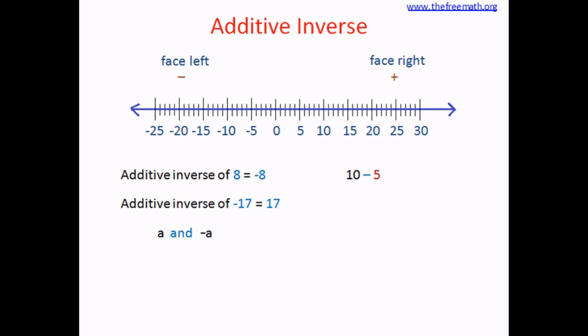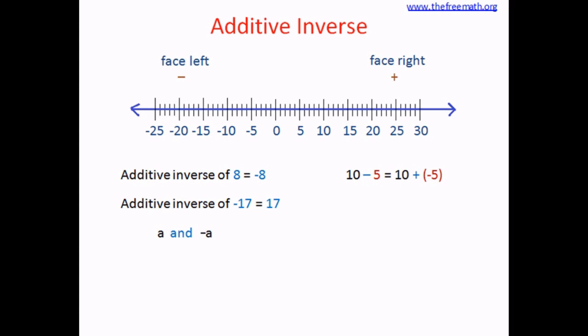Now let's consider this. Let's consider 10 minus 5. We know what 10 minus 5 is. It is 5. What we want to see here is how 10 minus 5 can be written in another way. You know opposite of negative is positive. That means opposite of subtraction is addition. So 10 minus 5 can be written as 10 plus negative 5.